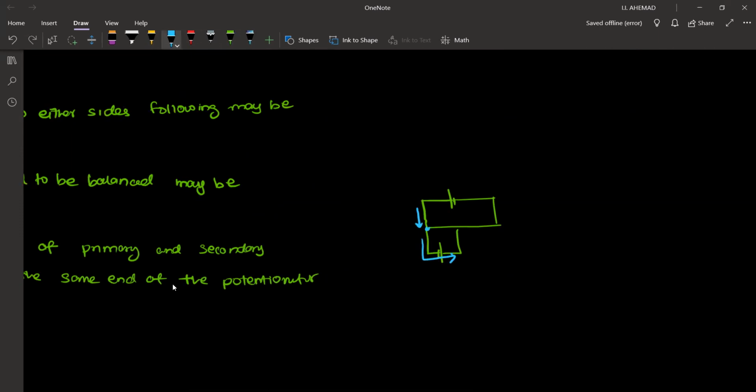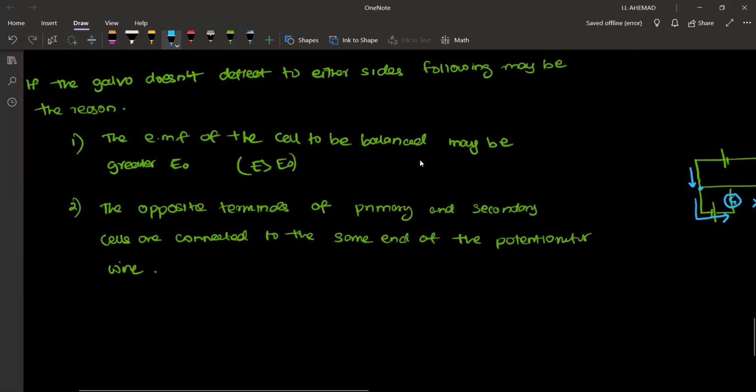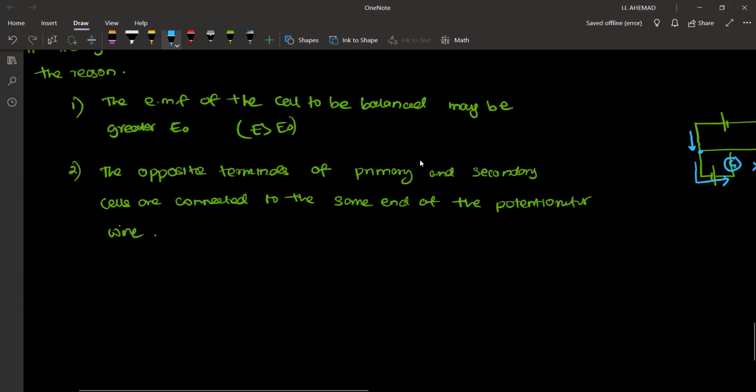For 100% sure, it will flow through this battery because it is also promoting the current flow. So you are not able to get a balance length. The batteries are connected incorrectly, and that may be a reason.